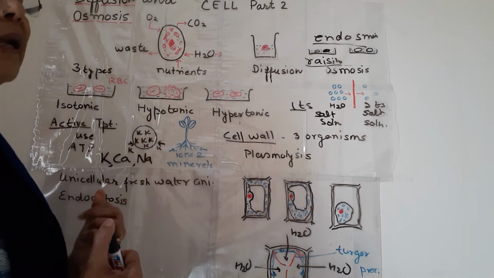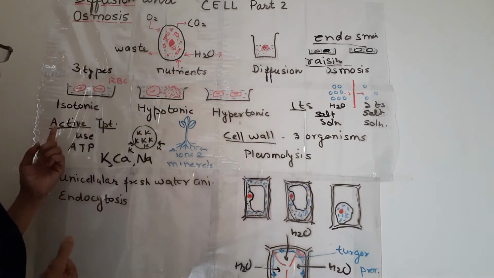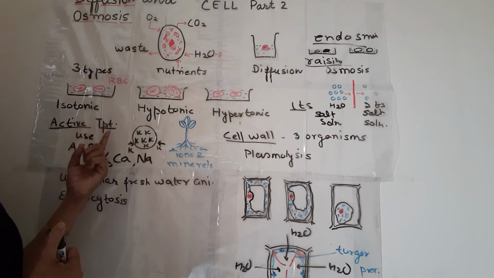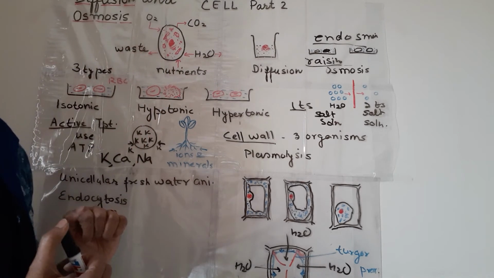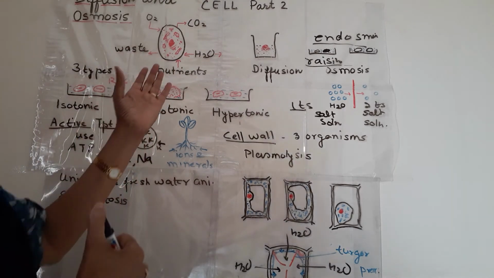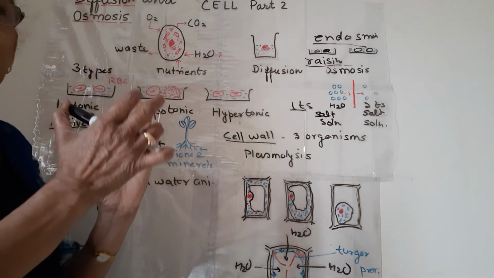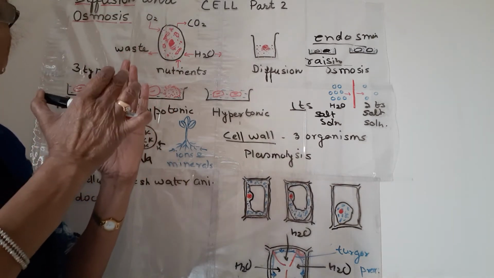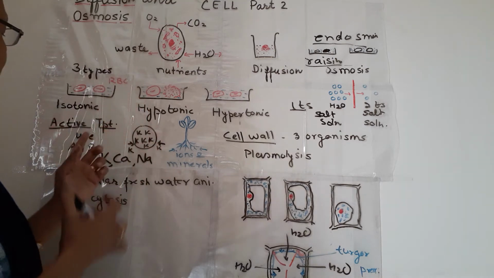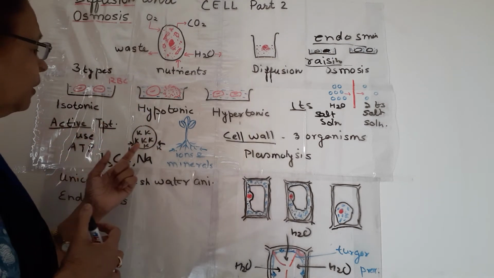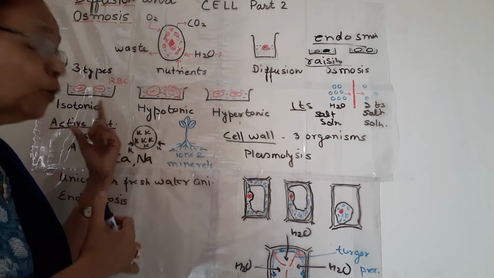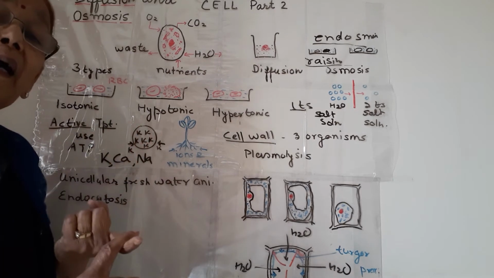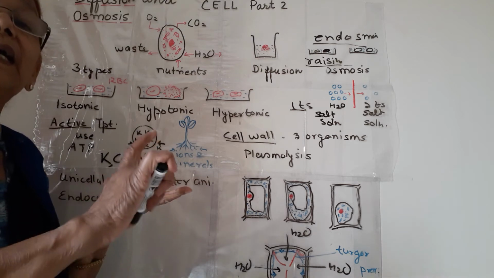So a special technique is there, that is known as active transport. What is active transport? Yesterday you have seen inside the plasma membrane, when we were studying the function, there are proteins. These proteins have certain channels. So by this active transport, potassium or other ions can go in against the concentration gradient.